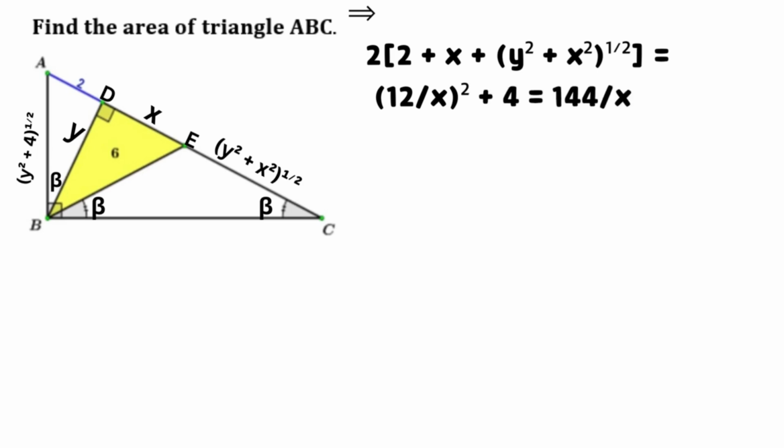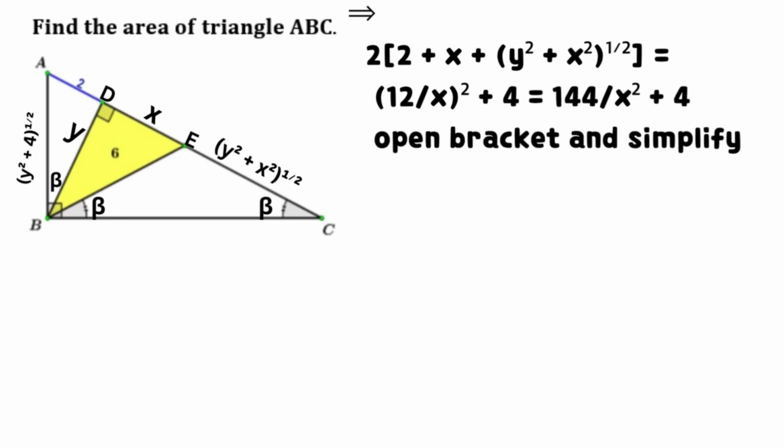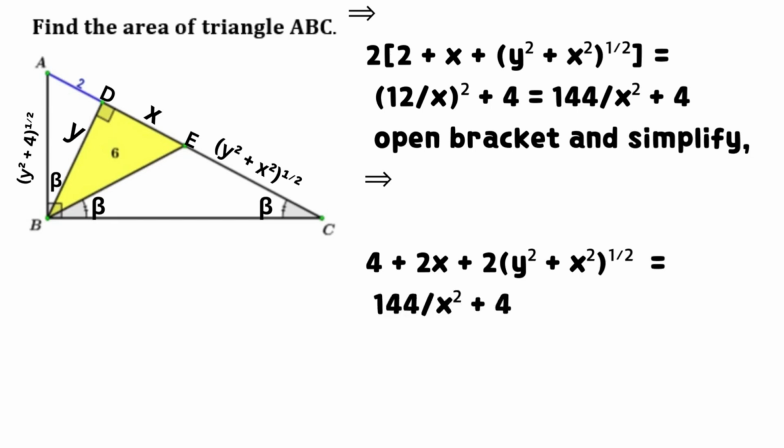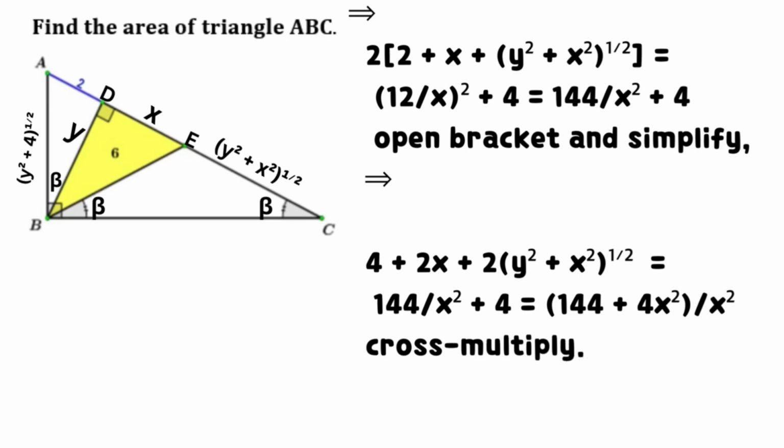This implies that the product of 2 and the sum of 2x and the square root of the sum of the square of y and the square of x equals the sum of the square of 12 divided by x and 4, which equals 144 divided by the square of x plus 4. Open bracket and simplify. Hence, we obtained a new equation as shown on the screen. Cross-multiply.